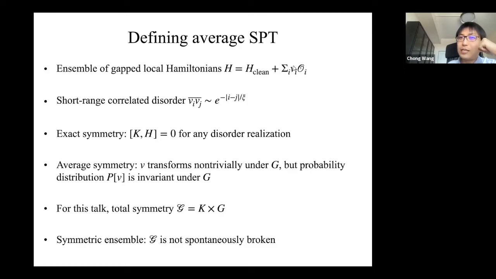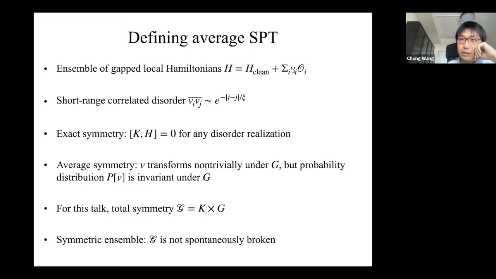So this V_i, so little i is the lattice site index. So V, think of it as a random field that couples to some operator, right? So this operator, local operator O, I demanded at this point the only demand is that it's local. It involves non-trivial operators only around the site i. Okay.